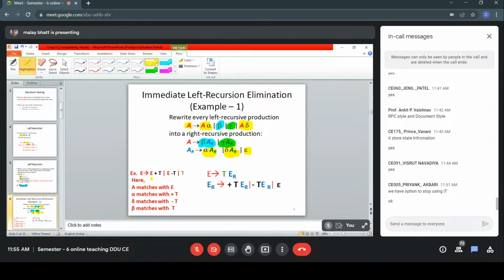Here you can see that we have this rule: E gives E plus T, E minus T or T. It is a left recursive grammar.